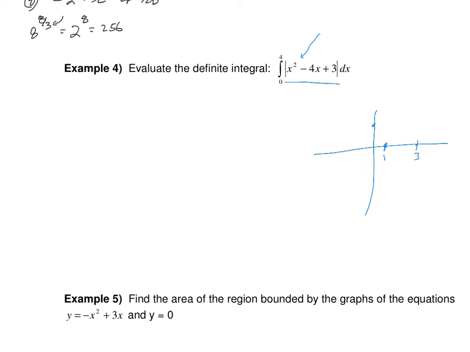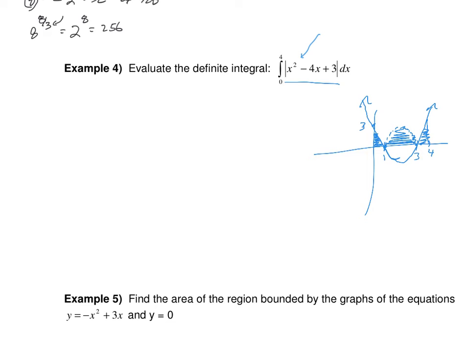And I also know at 3 we're a y-intercept. So that means my graph has to be coming down, and it's got to come back up. So if it's absolute value, that means that the negative portion has to be positive. So we're looking for the area under the curve, and we're going all the way to 4.